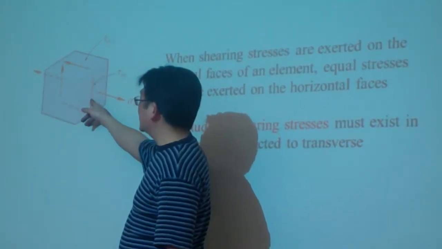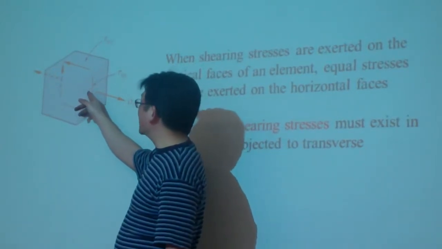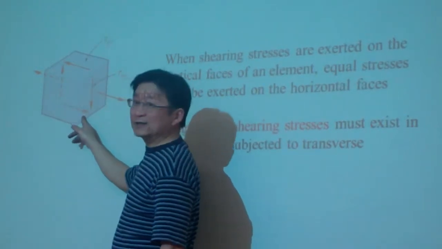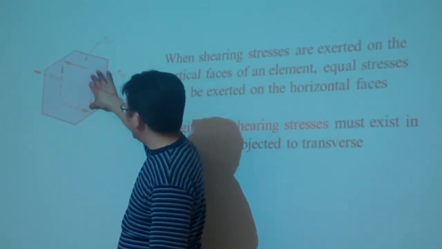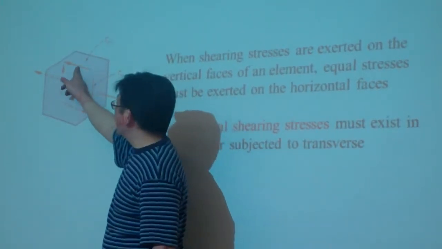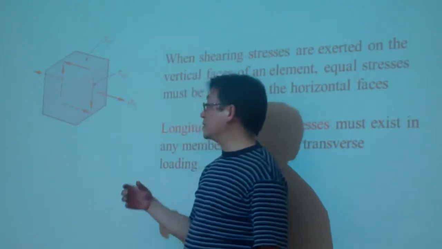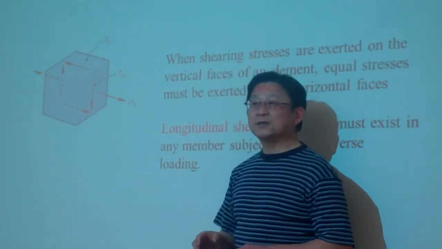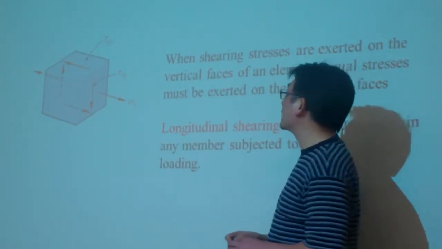Due to equilibrium, that shear stress will be balanced by shear stress on this side and this side. If we have identified one component here, then the shear stress on the other three sides must be there. Otherwise, the whole thing will move. But in this class we talk about static equilibrium. We won't talk about vibrations.